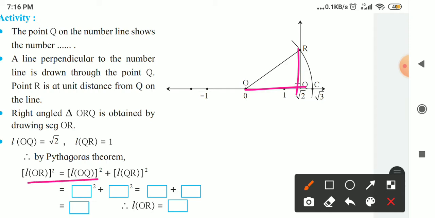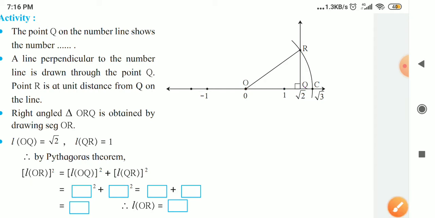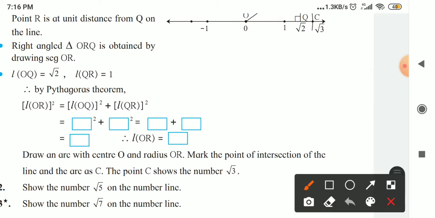So what is the value of OQ? Its value is root 2, so root 2 square. QR's value is 1, so 1 square.